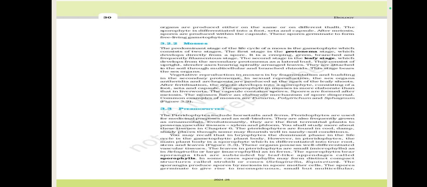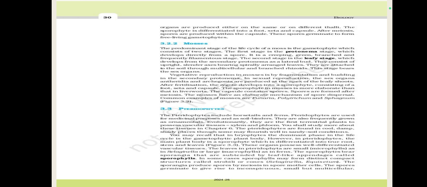Evolutionarily, they are the first terrestrial plants to possess vascular tissues, xylem and phloem. You shall study more about these tissues in chapter 6. The pteridophytes are found in cool, damp, shady places though some may flourish well in sandy soil conditions.